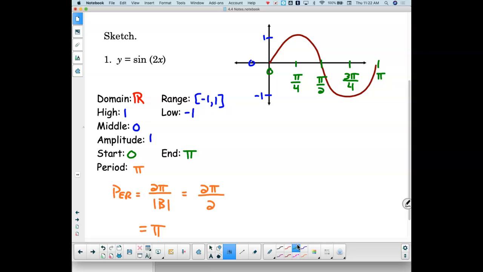It starts at 0, ends at pi, so half is pi over 2. Half of pi over 2 is pi over 4. Half of pi over 2 to pi is 3 pi over 4. Questions, comments, concerns? Snide comments? Good?